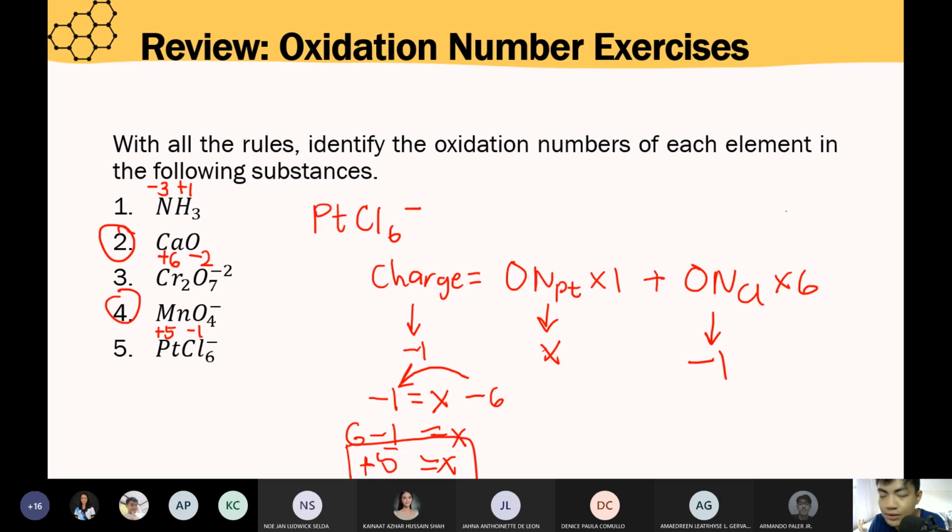Okay? So, what's your answer in 2 and 4? Please comment your answers in 2 and 4. Let's see if they're correct. I will wait for your answers for 1 minute. So, answers for 2 and 4, chat them so we can see if they're correct. Do not be shy.